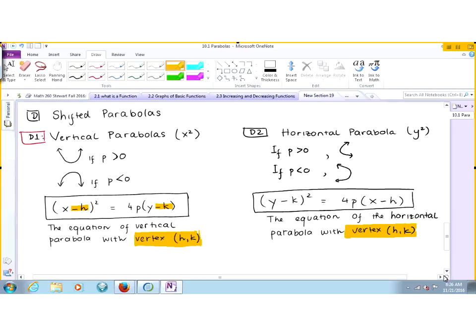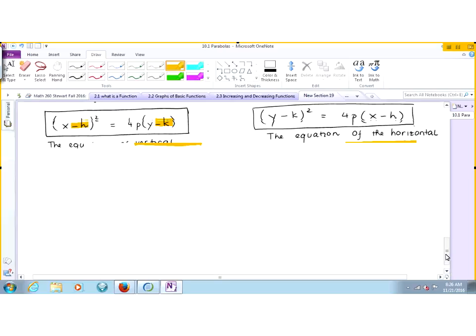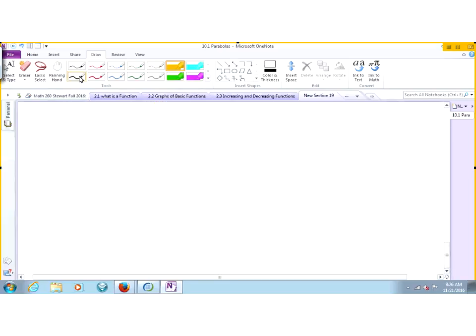So, for example, here. It's going to say find the vertex, focus, directrix, and then sketch.